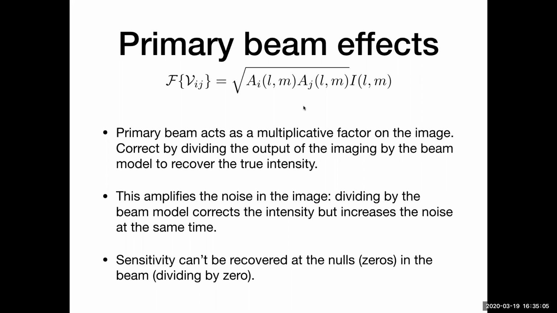Something like a phased array, where you have 100 physical antennas, 100 wires collecting voltage, and you combine them as a phased array, you get one signal out of your phased array. You would then use that one signal to correlate with another phased array.